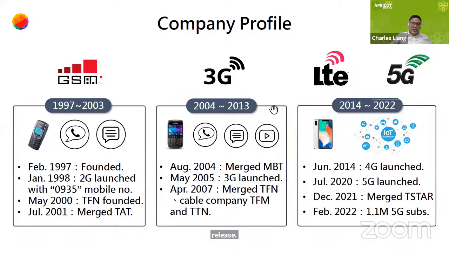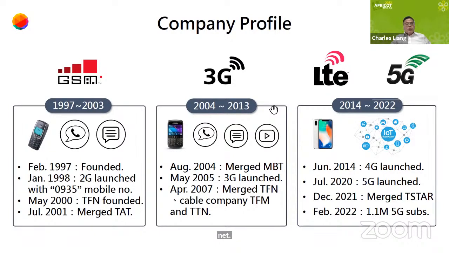Taiwan Mobile was founded in February 1997. In January 1998, a 2G mobile network started operating with the 0935 mobile number. In May 2000, Taiwan Fixed Network was established and got the fixed network service license in 2001.